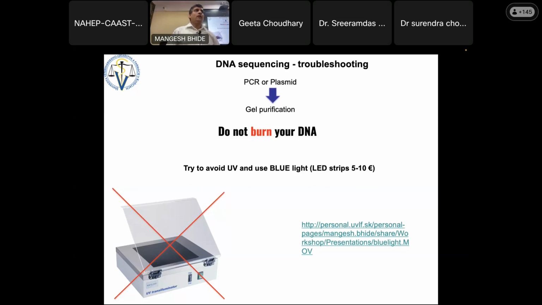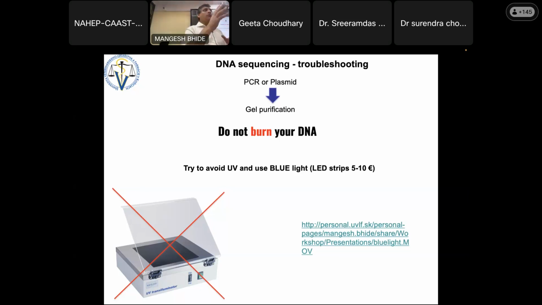Okay. Now, when you are back, do one thing. You put the gel, turn on the UV, and keep it for 1 minute and see if your band is there or not. Your band will vanish, or the intensity is going down. Now you have, for example, 8 bands on a gel.